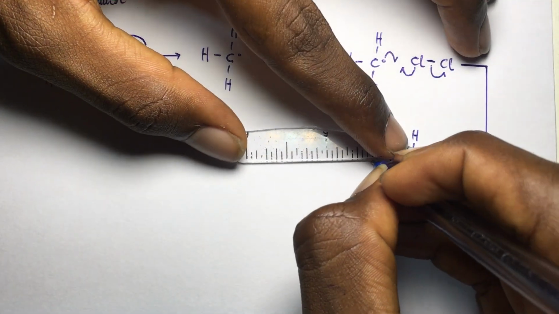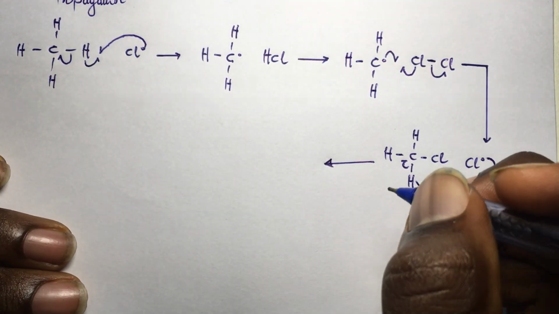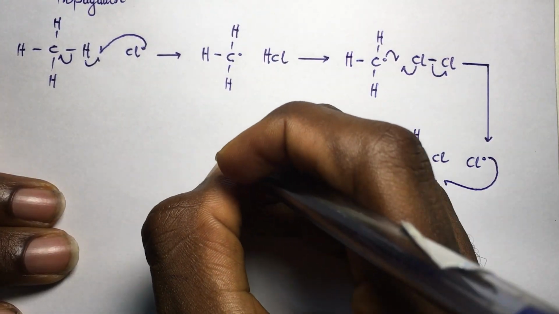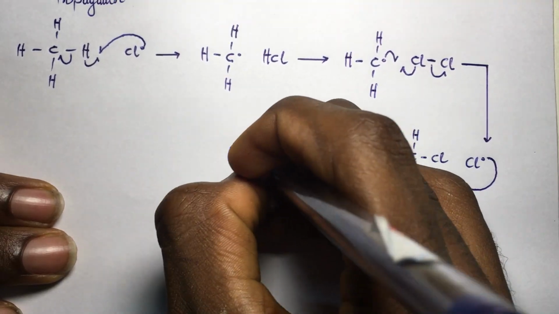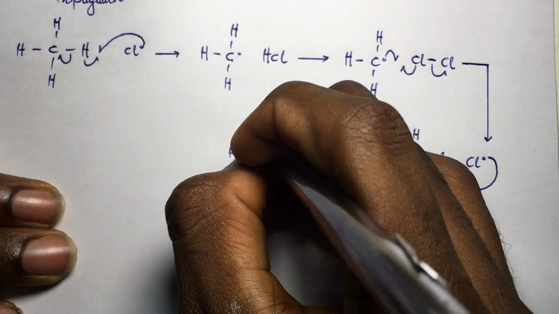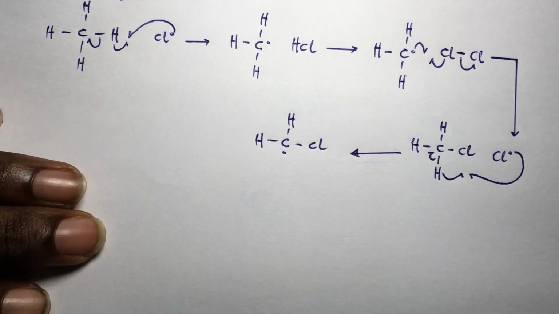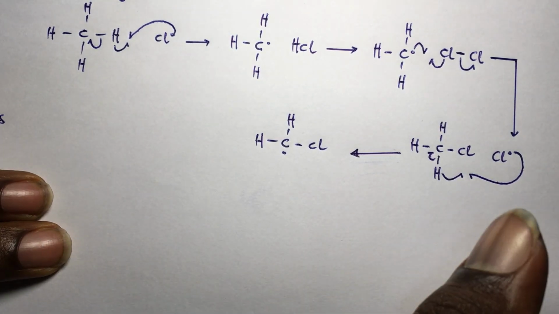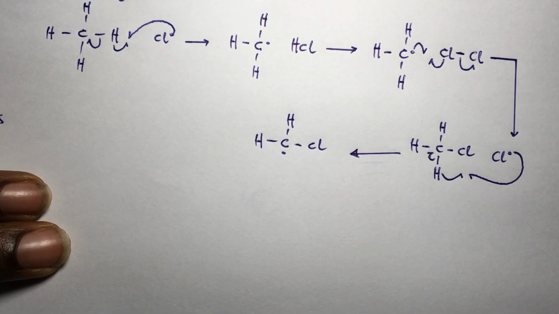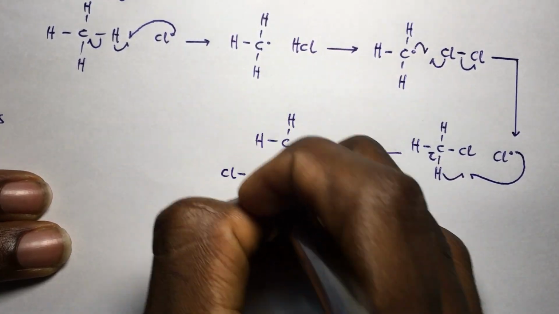We are going to have hydrogen bonded to carbon, bonded to chlorine, hydrogen, and then we are having a radical here. So now this one also becomes another radical. We are using the arrow so that we understand the mechanism very, very well. Now you are going to have another chlorine, right?